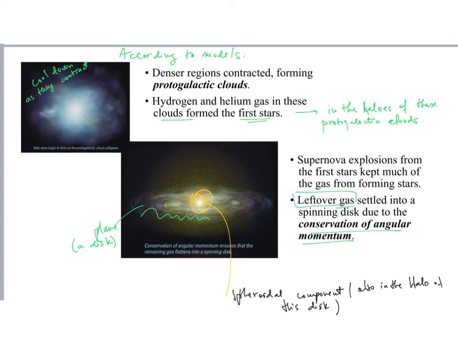Remember, they're kind of all over the place. And this spheroidal population consists of stars that were born before the galaxy's rotation organized, which is why they have randomly oriented orbits around the galactic center, while the disk population consists of stars that are born after the disk.